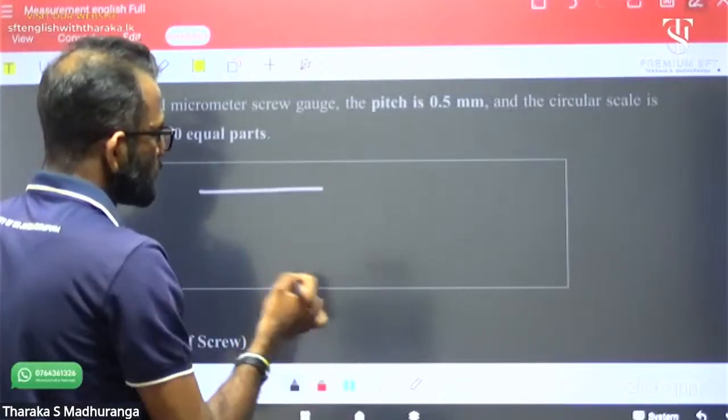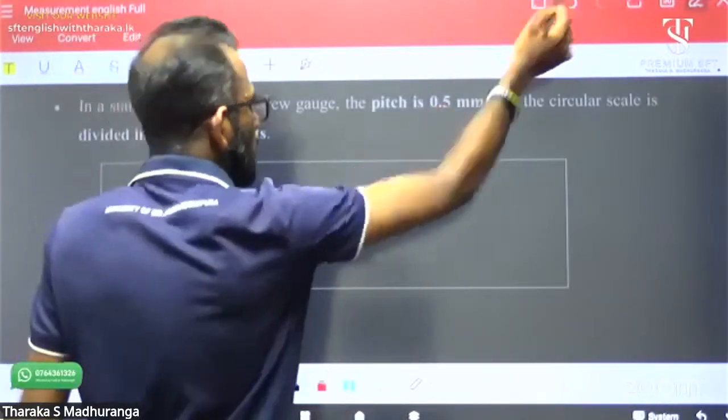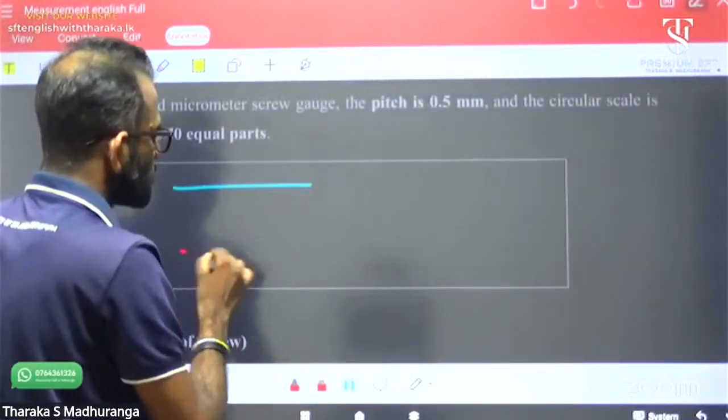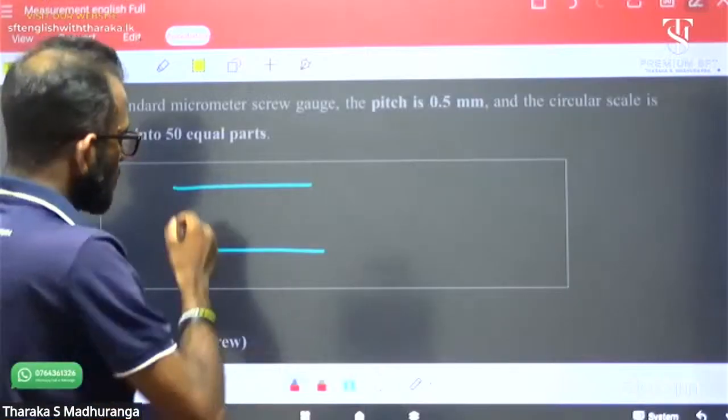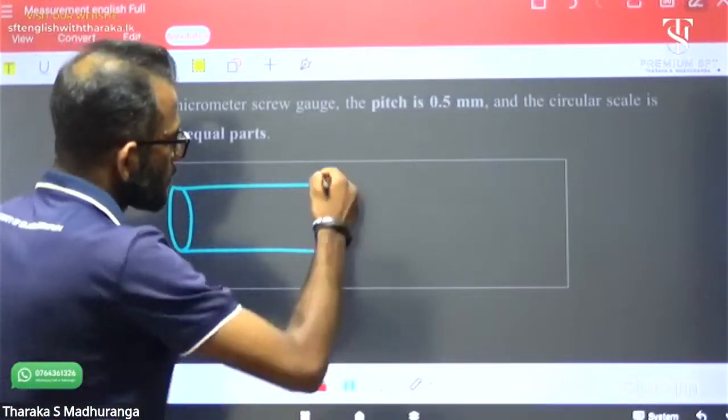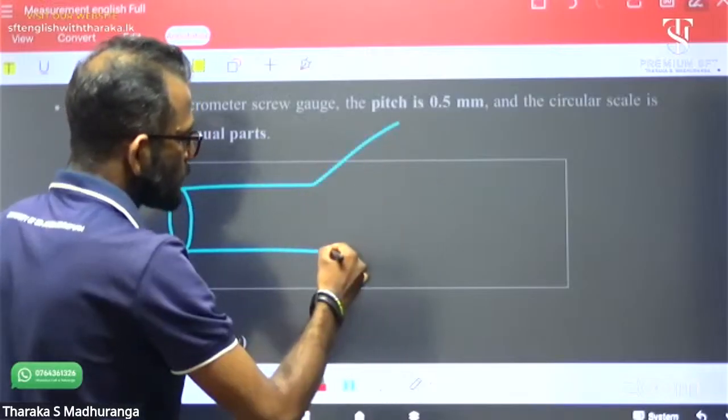Okay, this is the linear scale and this is the circular scale.